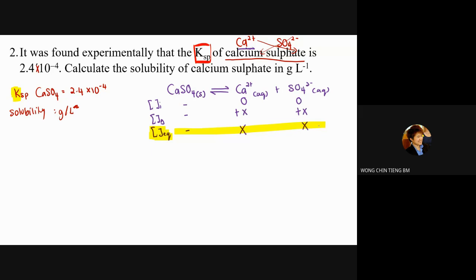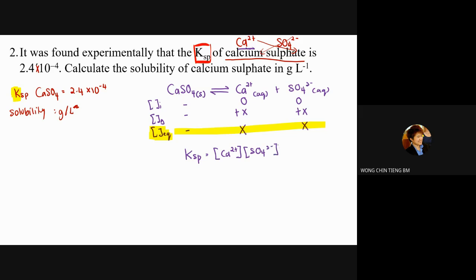Okay? Boleh? Dah? Kalau dah, next step, what do we do? Compare with KSP. KSP formula over here equals to the concentration of the Ca2 plus, concentration of SO4 2 minus.